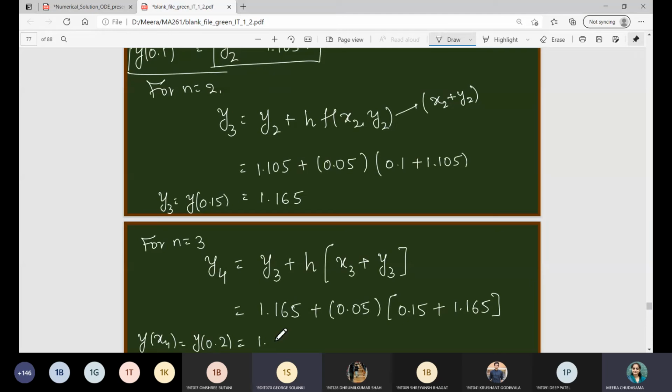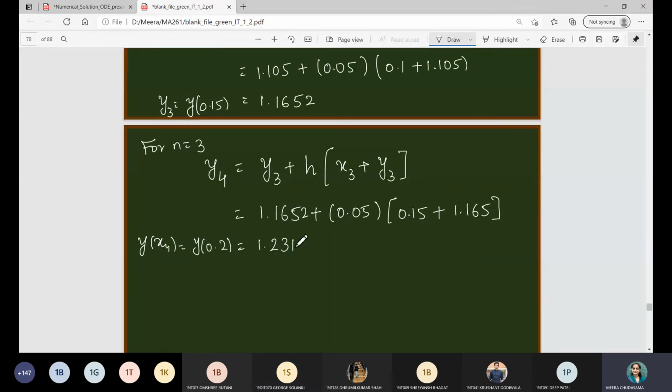What will be the answer? 1.231. Actually, if you write it to 4 decimal points, this one will be 2 over here. And so this is y at 0.2.